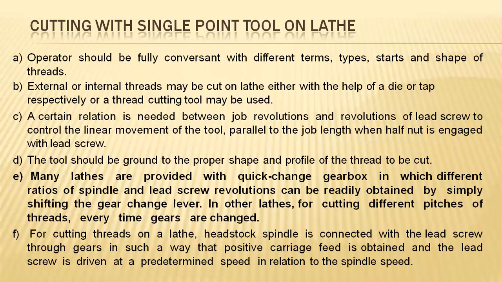Normally, over the lathe machine, if the threadings need to be performed, a spindle will be connected to the lead screw, that too with the help of the gears, to have the positive carriage feed obtained and driven at a particular speed with respect to the spindle.